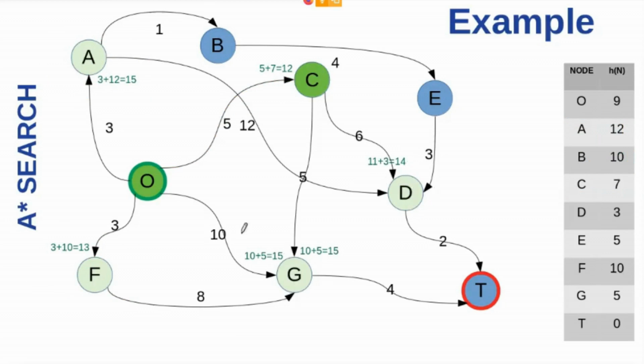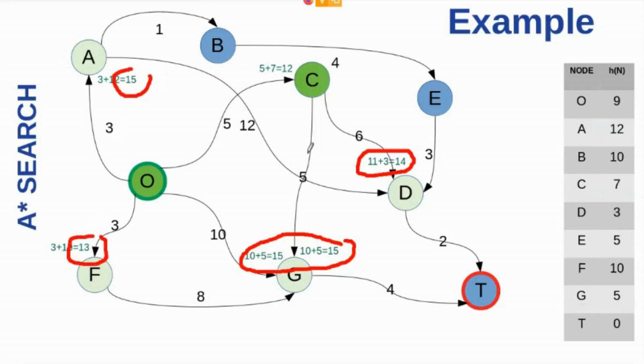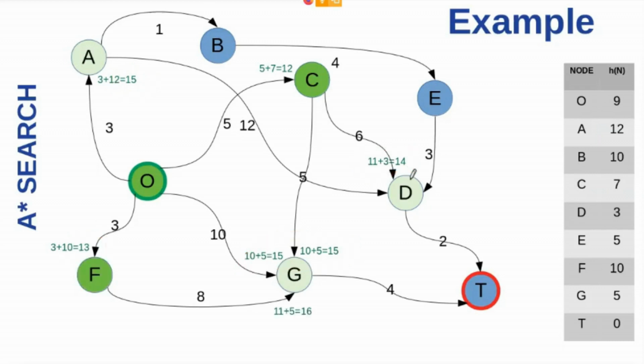And to G, you can go from O to G or O, C, G, right? Here we have a tie, right? But here you have a 14. So according to this 13, 15, and 14, we are expected to decide the minimum value.